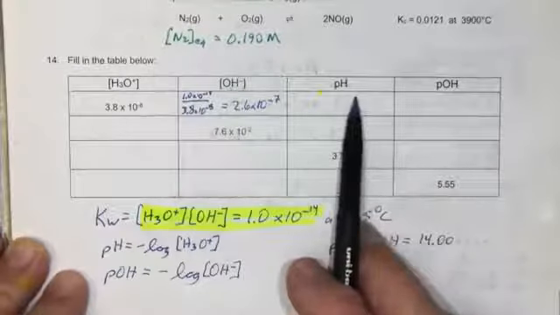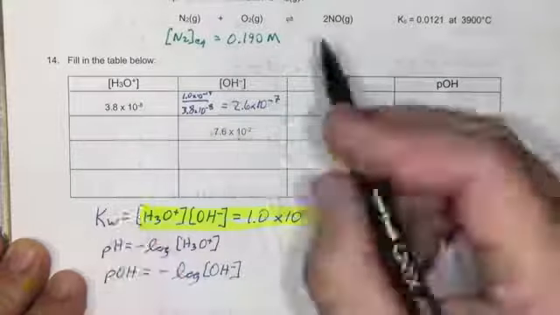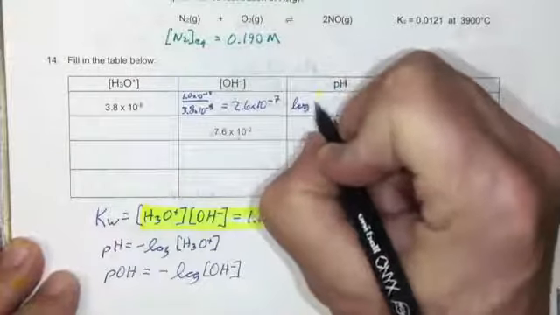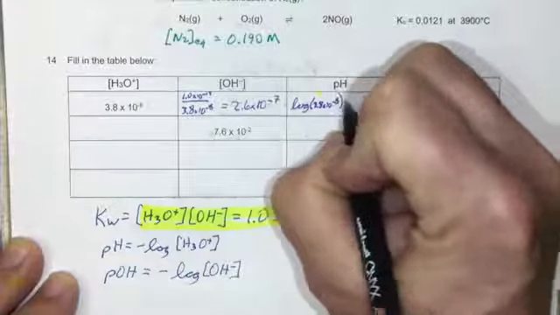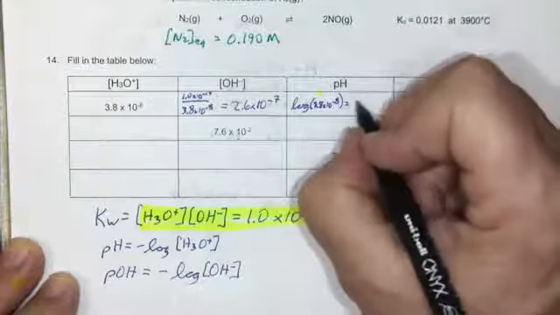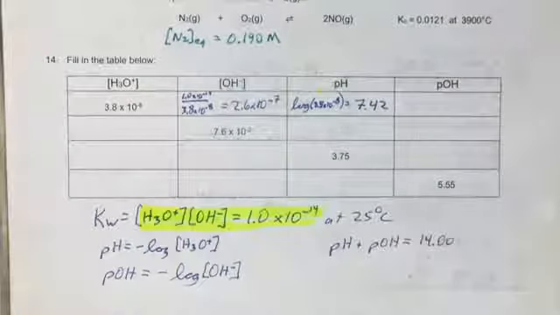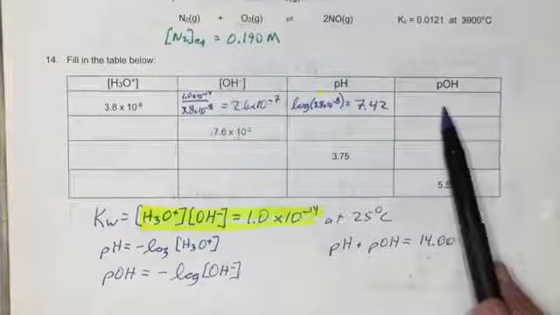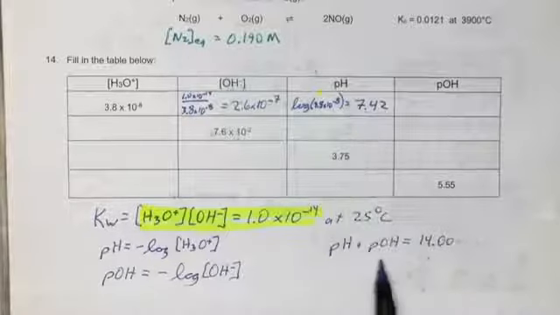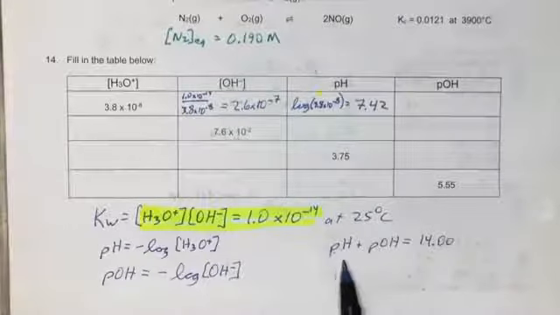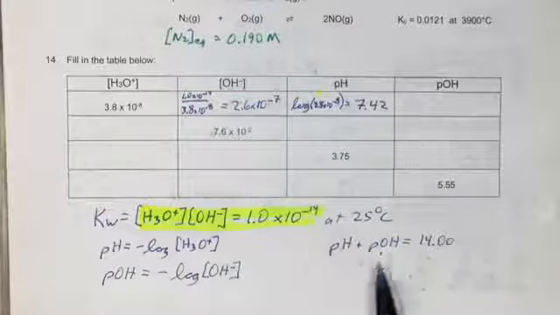Now to get pH, we just take the base 10 logarithm of the concentration of hydronium, and change the sign. The pH of 3.8 times 10 to the negative 8 is equal to 7.42. The pOH of this: once we have pH, the easiest way to get pOH is to realize, and this comes from the definition of pH, that the product of the concentrations is 10 to the negative 14.